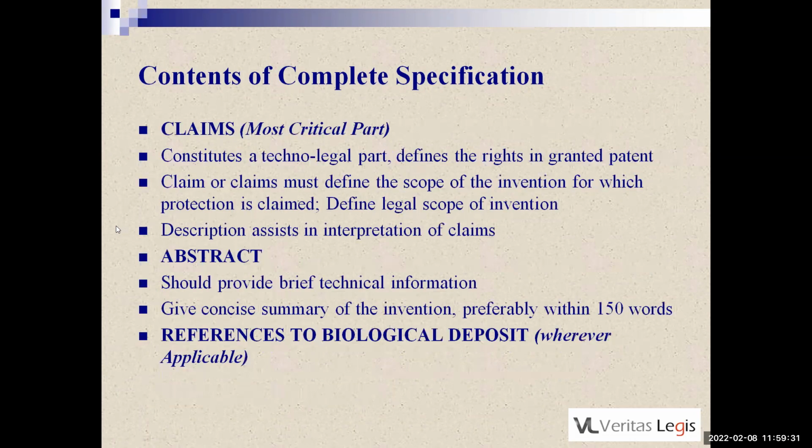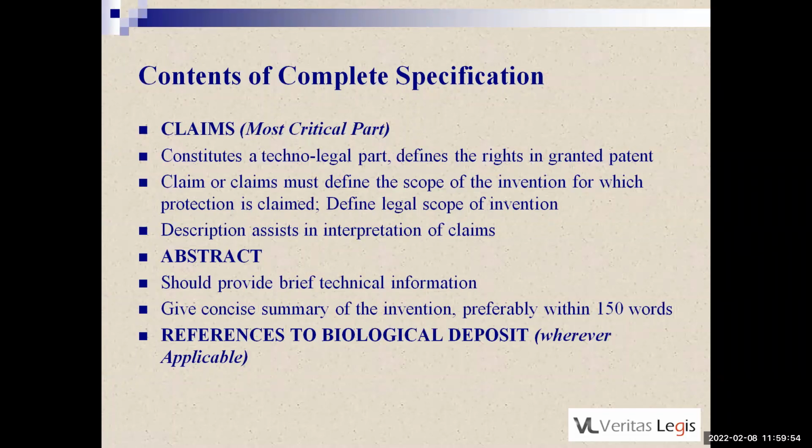Again, the claims. Claims is the most critical part, as this is the part which gives you the right in the granted patent. Ultimately, if something is present in your specification but you have not put it in the claims, you forgot claiming it, you don't have a claim on that.